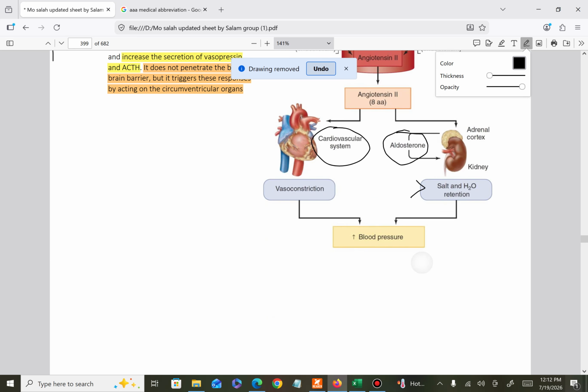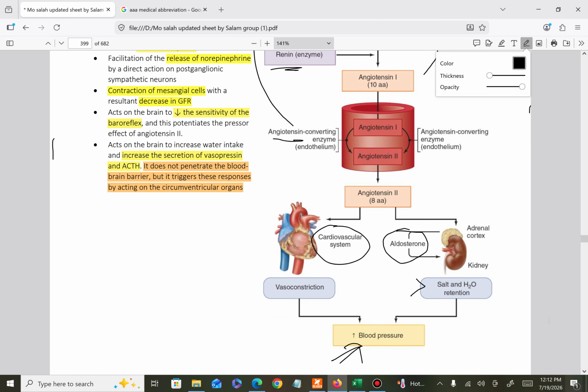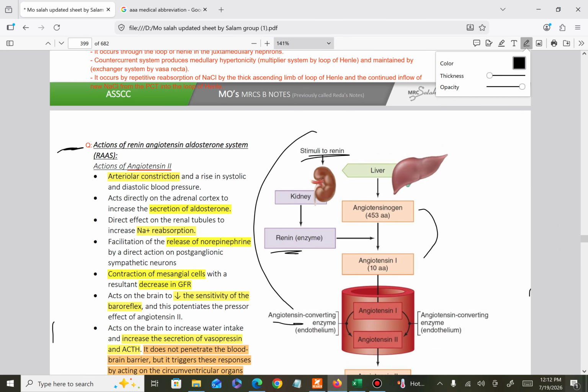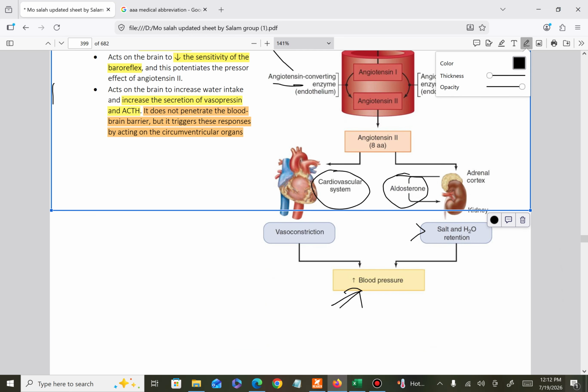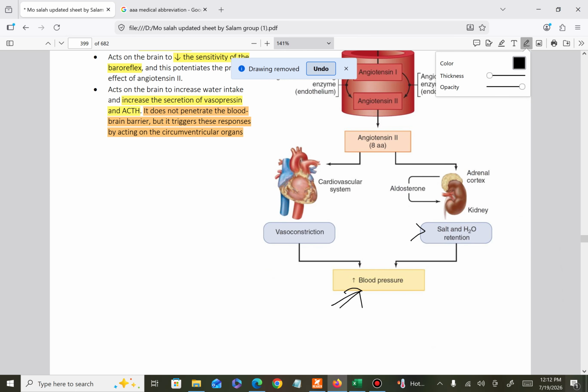So the basic action of the renin angiotensin system is to increase the blood pressure in response to sympathetic activity or reduced intravascular volume.